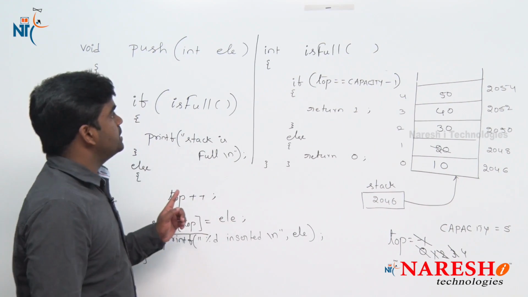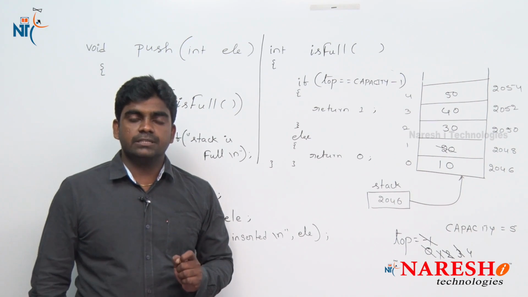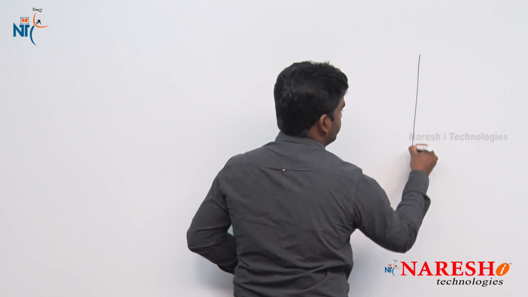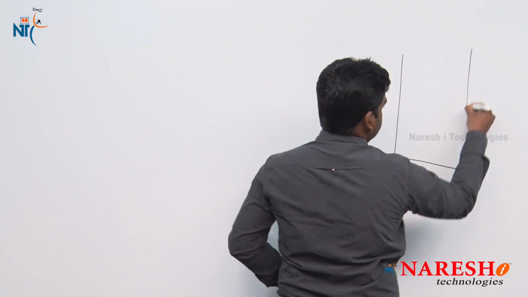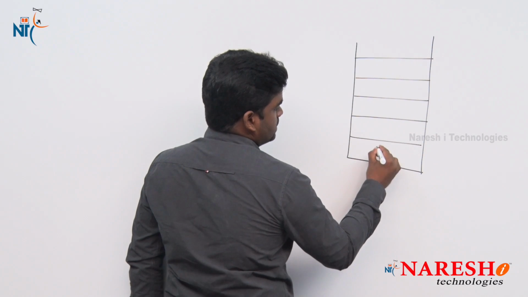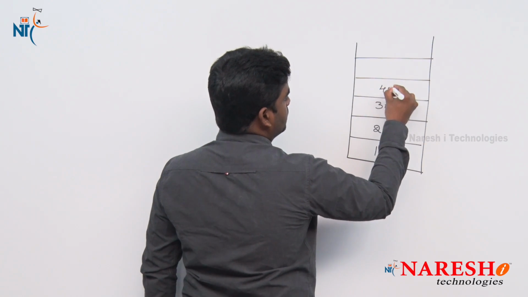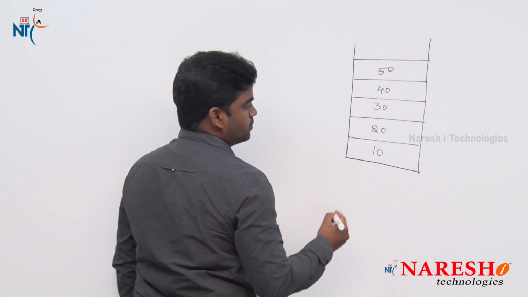Okay, so this is how to insert elements into the stack. Now we'll see how to pop the elements, nothing but how to delete elements from the stack. First we write the stack with some elements. Suppose the elements are 10, 20, 30, 40, 50.